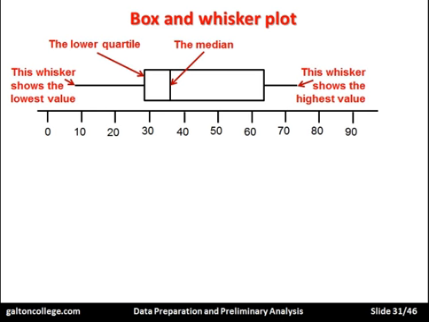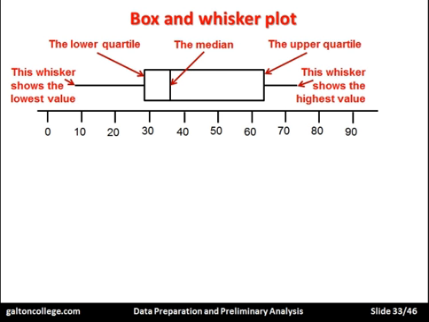We also have the upper quartile. 3/4 of the observations are below this, or if you like, 1/4 is above it. It's the upper quartile. So 3/4 are below it, and 1/4 is above it. And that really constitutes our box and whisker plot.